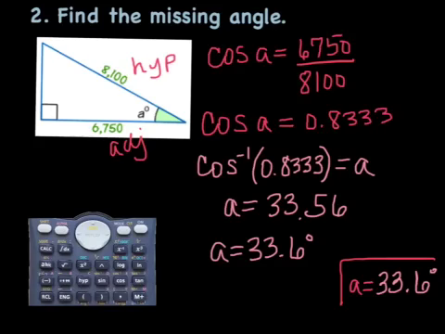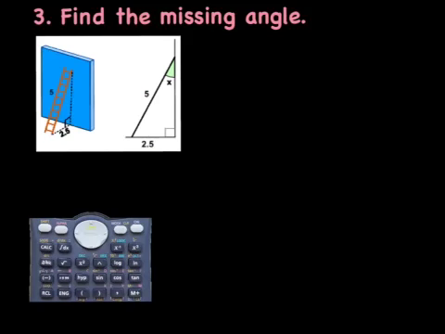Let's try one more. Okay, let's go ahead and label our sides. We're going to be working with angle X, trying to find angle X, so 2.5 is our opposite side. And what is 5? Well, that's our hypotenuse. So which one will use opposite and hypotenuse? Well, hopefully you're thinking of sine.